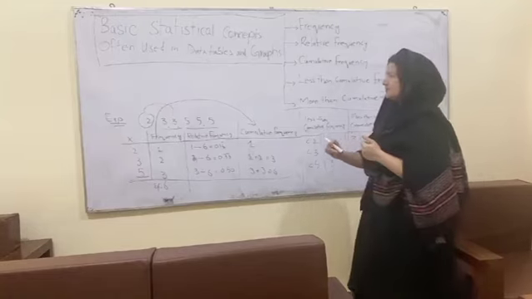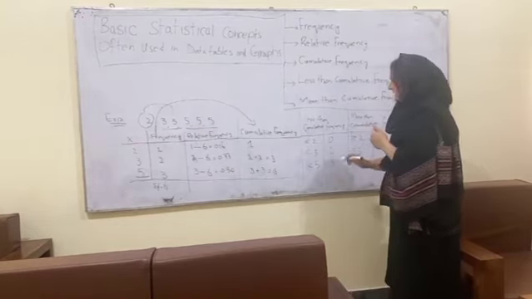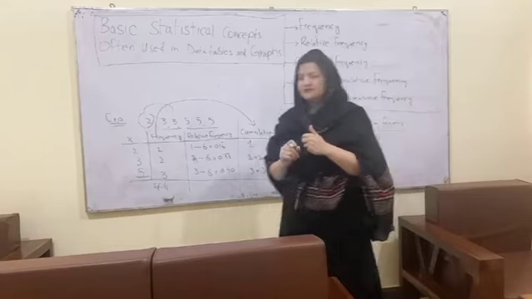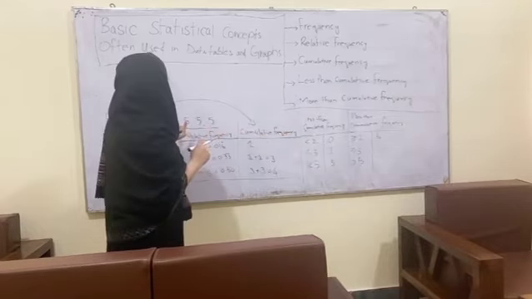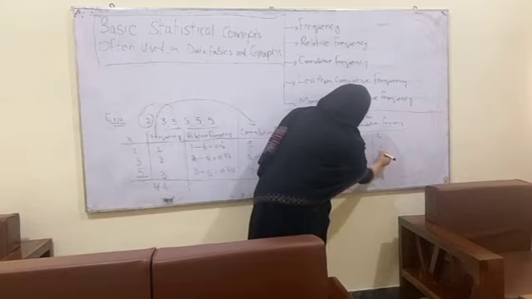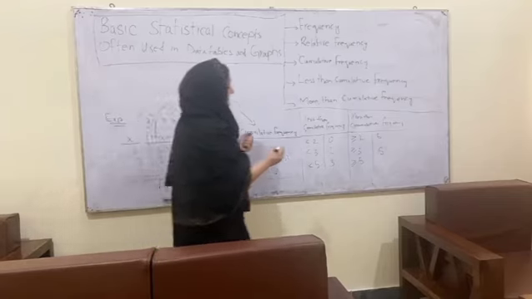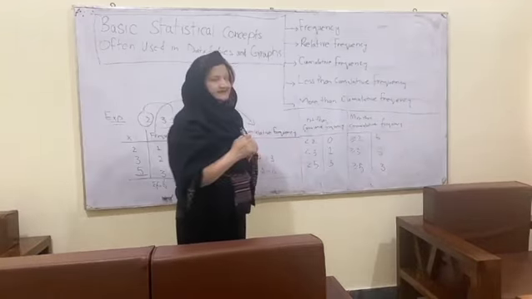So greater than or equal to 2 are total 6 observations in the data set. Greater than or equal to 3 are 5 observations, and greater than or equal to 5 are 3 observations in the data set.